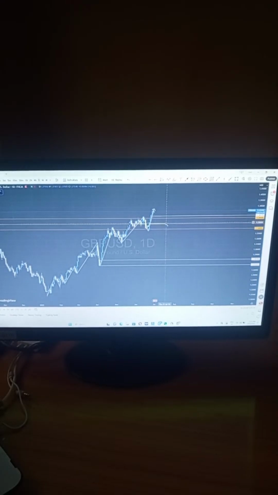We all can see the daily is an uptrend. If we shift this aside, you see, this is a clear uptrend. Price is creating higher highs and higher lows.